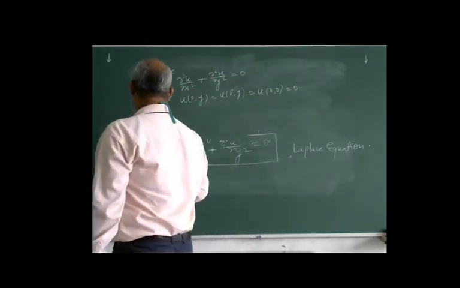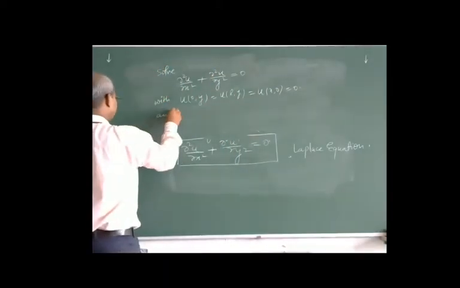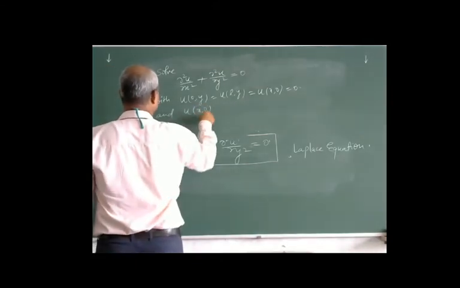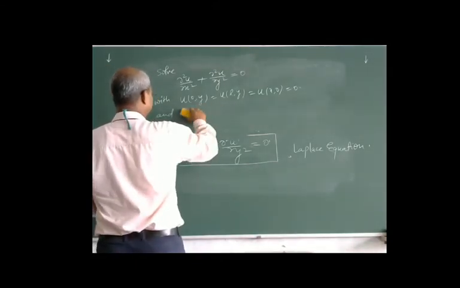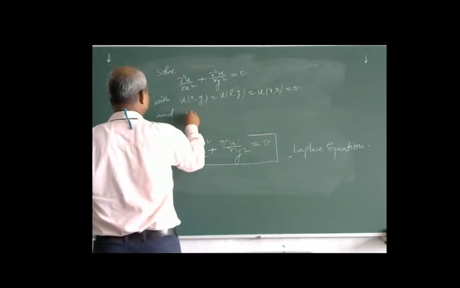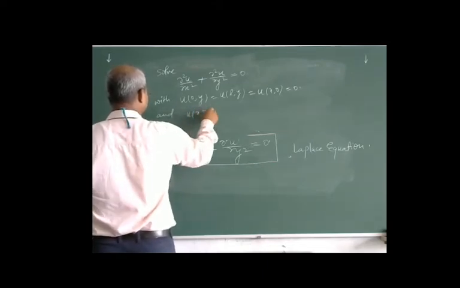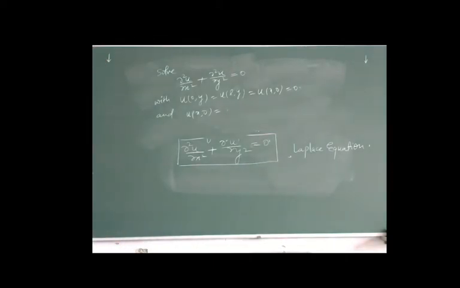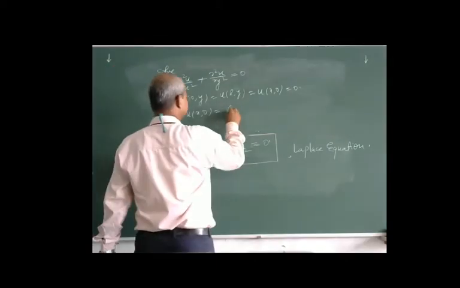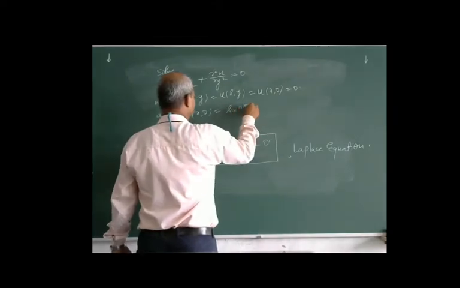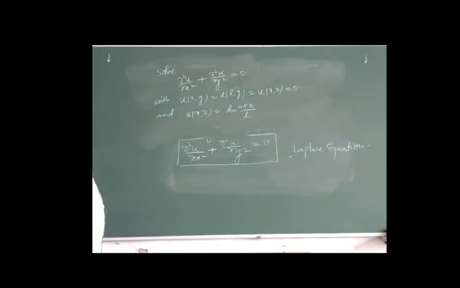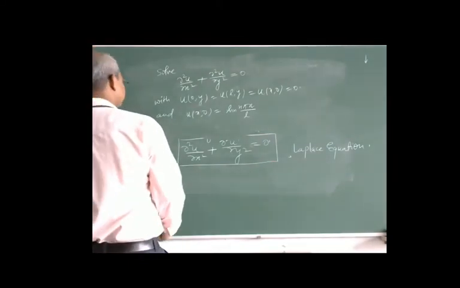This is the boundary condition, and U(x,0) is given as sine of n pi x by L. So how to solve such type of equation?